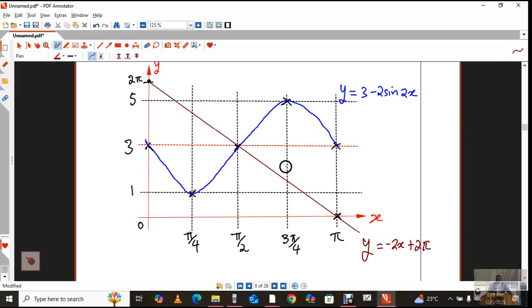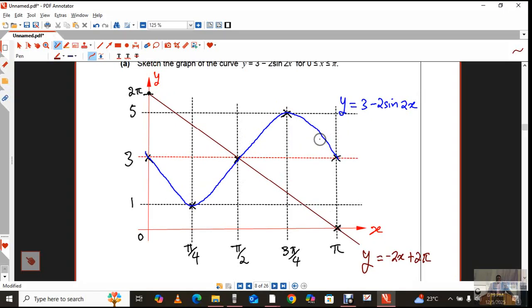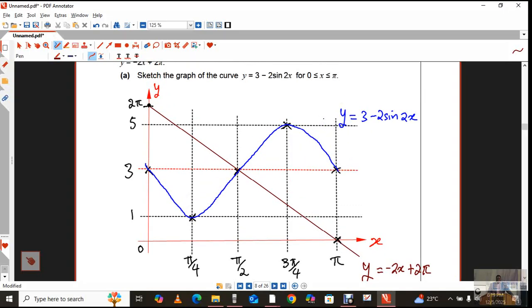Then you can plot the 4 or 5 points, and your graph is going to pass through those points. That is why I made that grid to guide me, so that my graph can look a little bit more accurate.